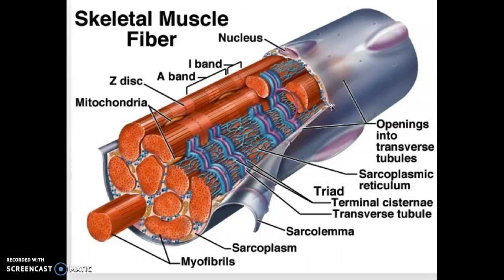These allow action potentials from the nervous system to come into the cell membrane, travel through the triad, and go deep into the muscle in order to signal the muscle cells to contract. The jelly inside of this cell is called sarcoplasm. In normal cells, this is cytoplasm. We'll go through each of these on their own, so don't panic.